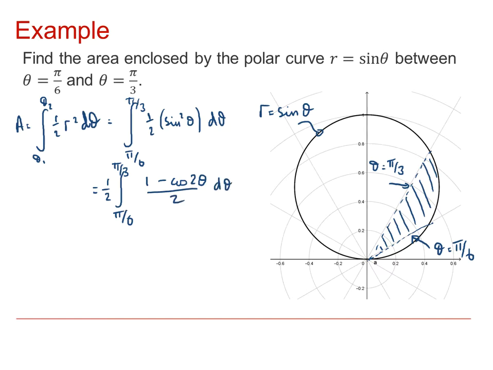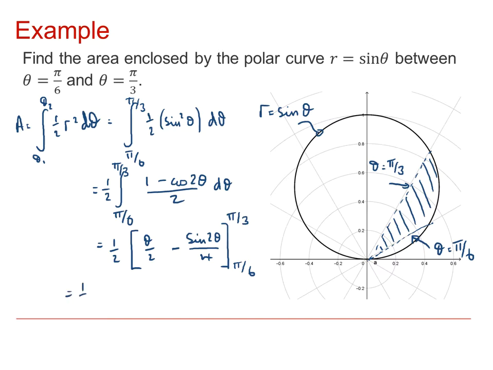Now that's something that we can then integrate, so we get 1/2 and the integral of 1 over 2 becomes theta over 2, and then cos 2 theta over 2 integrates to sine 2 theta divided by 4. And we're evaluating that between pi by 6 and pi by 3.